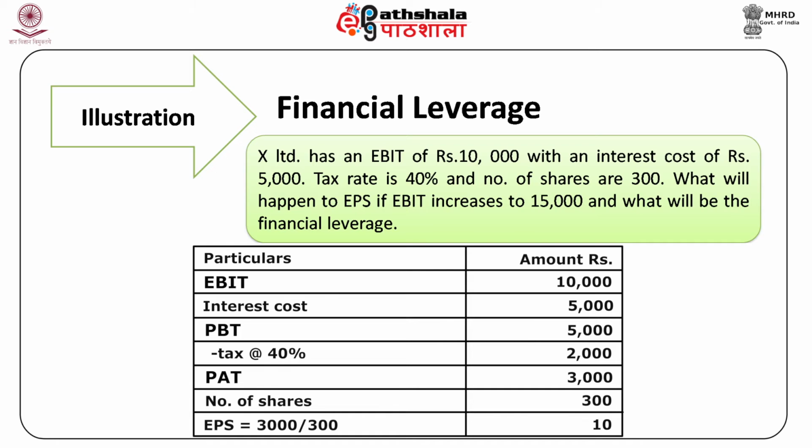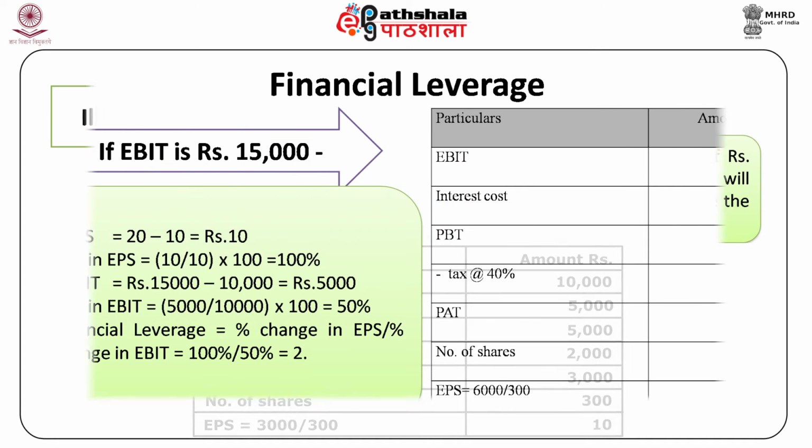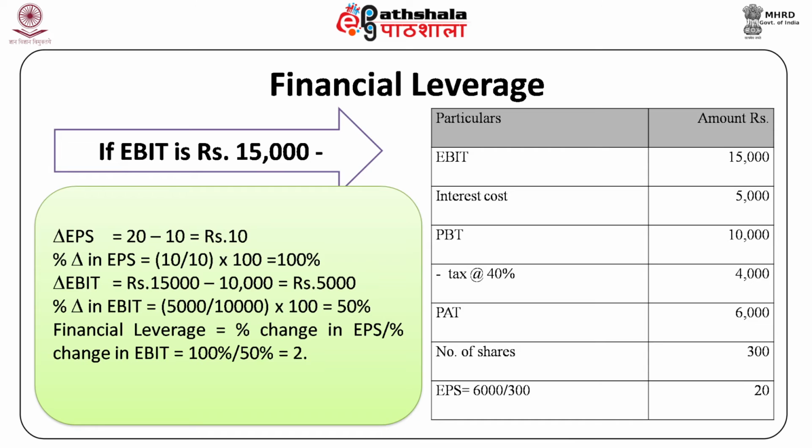So the earning per share is equal to 3,000 divided by 300, 10 rupees. If EBIT is 15,000, then EBIT 15,000, interest cost 5,000, PBT 10,000, minus tax 4,000, PAT 6,000, number of shares 300, EPS is 6,000 divided by 300, 20 rupees.